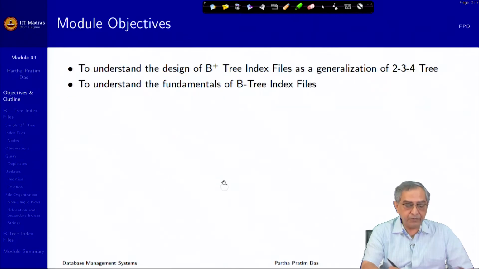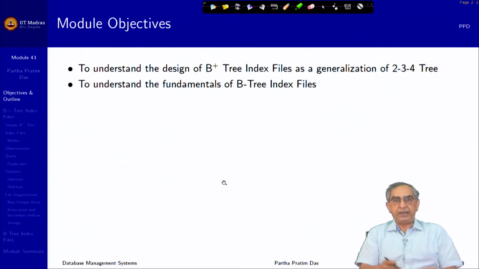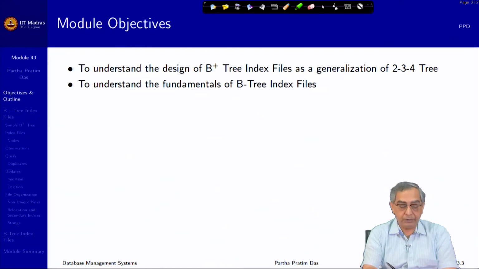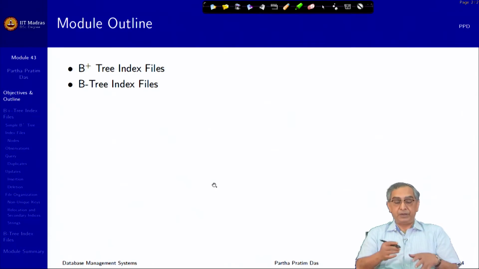That is very useful, and we will extend that idea in terms of B plus tree and its use in index files and normal record files, and also look at the B tree versions of it.